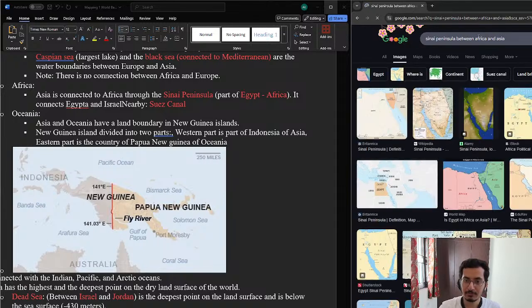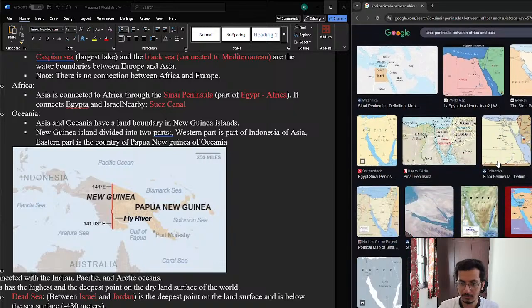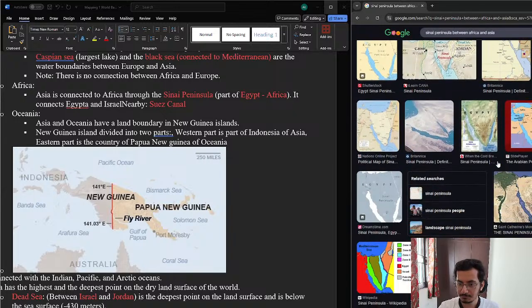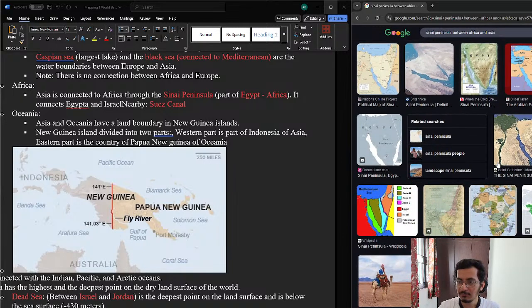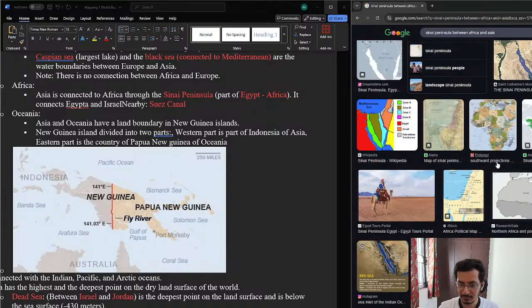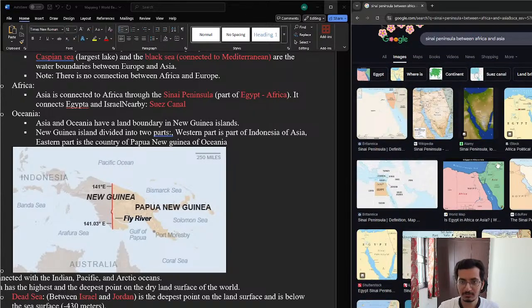That's what we're looking for. Okay, no, no, none of these are good, right? Not a single one of them actually shows where it is. Maybe I should just search for the Sinai Peninsula location.